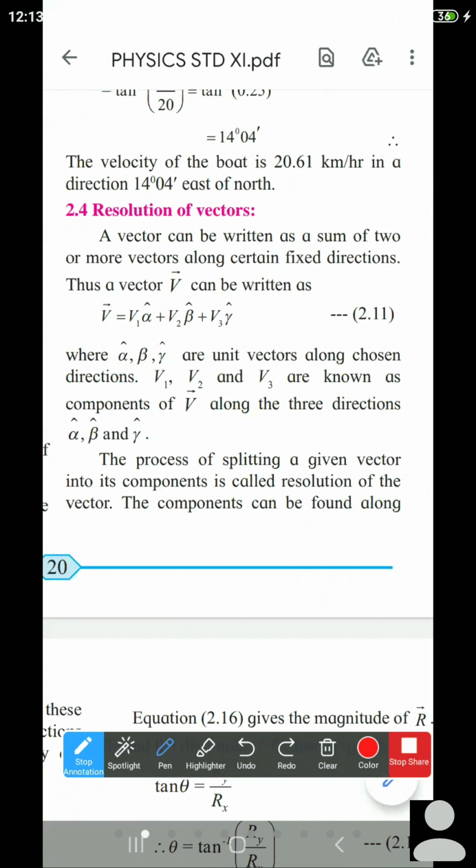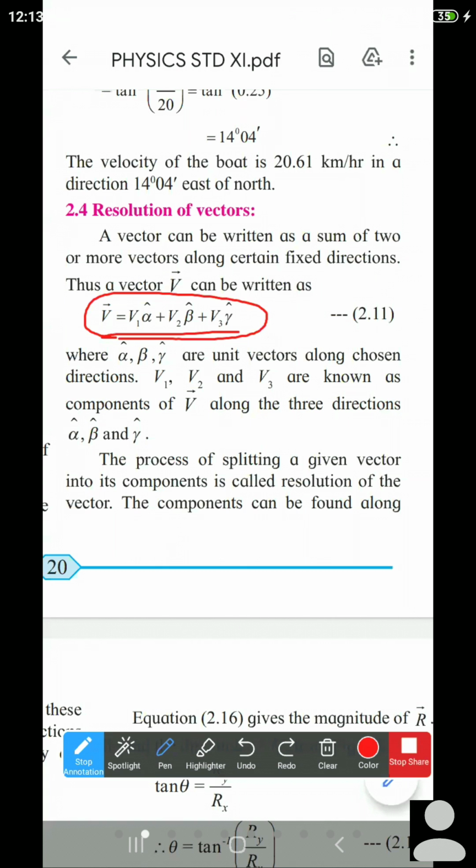Vectors can be written as a sum of two or more vectors. See here, one vector v bar is given in the form of a sum of vectors v1 alpha cap plus v2 beta cap plus v3 gamma cap.